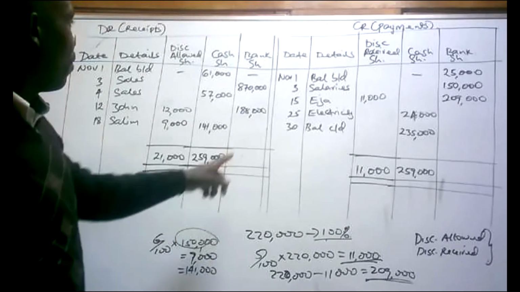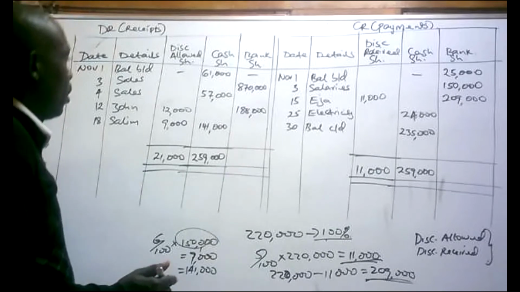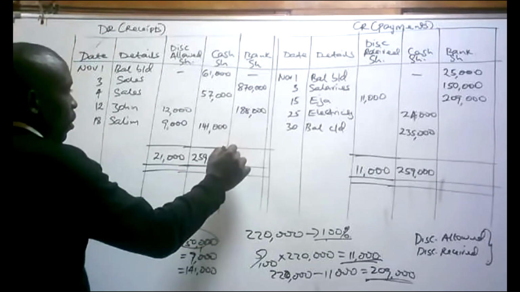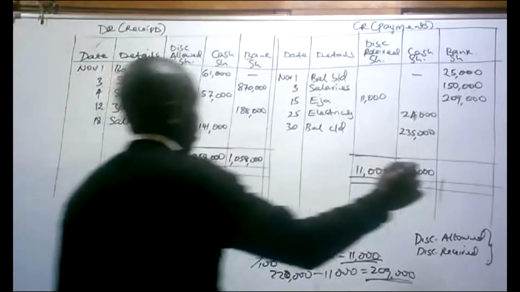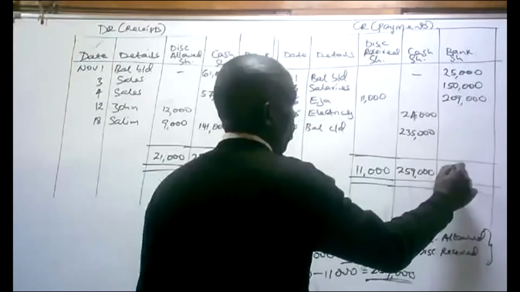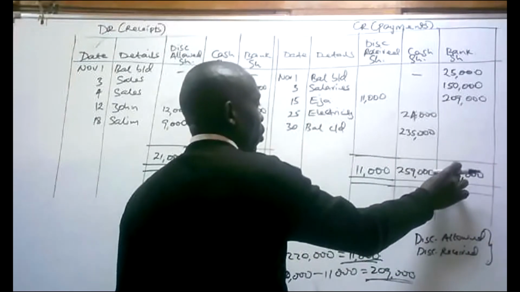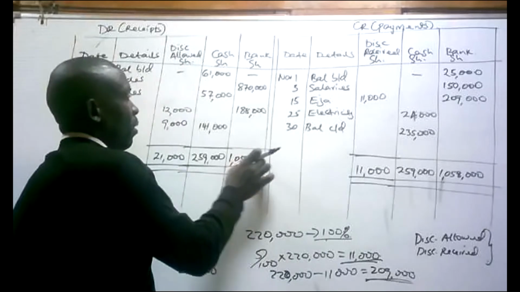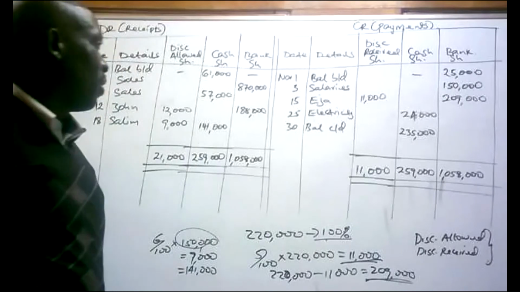this side will have more. 1,058,000 should be the same as this. So this is the total we received. This is the total receipt. You minus the total payments, you get the balance.